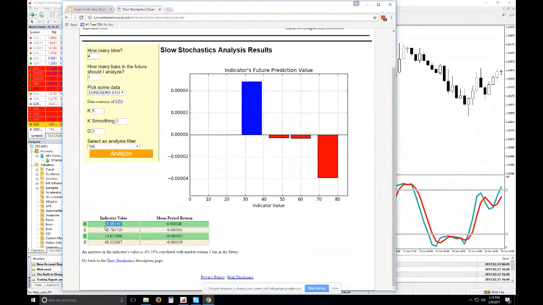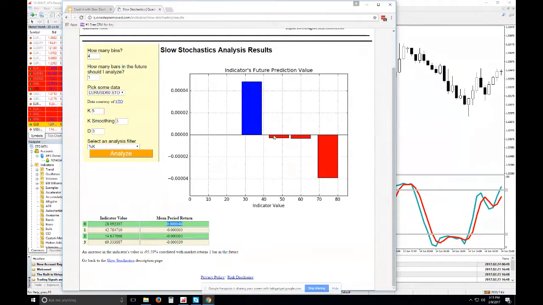So if you look at this here, what this is saying is that when the stochastics on the 1 hour chart of the euro US dollar, 5-3-3 is the settings, reads 28. When the slow stochastics with these settings reads 28, the average return, 1 bar in the future, is about 0.05%.